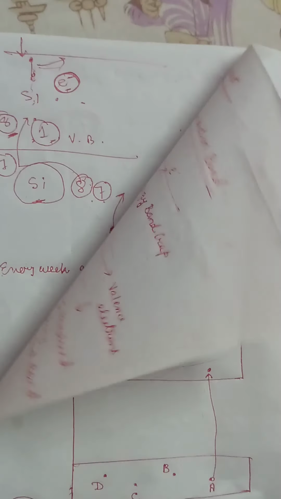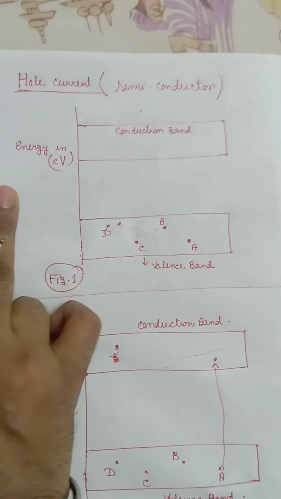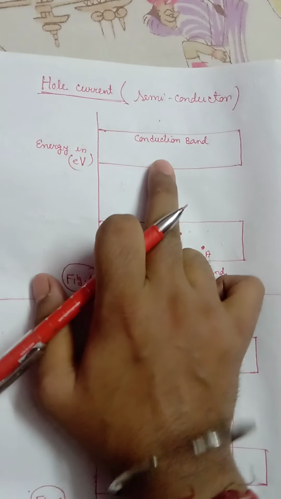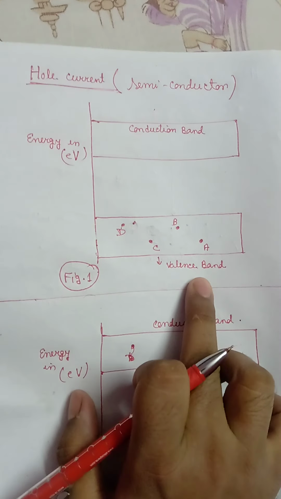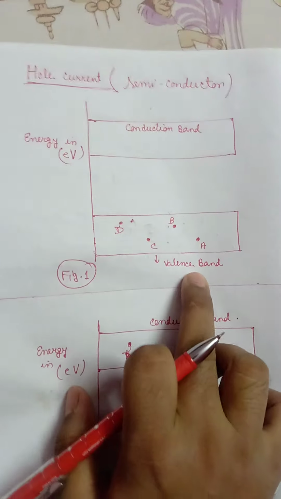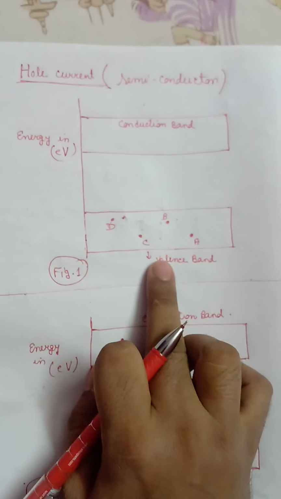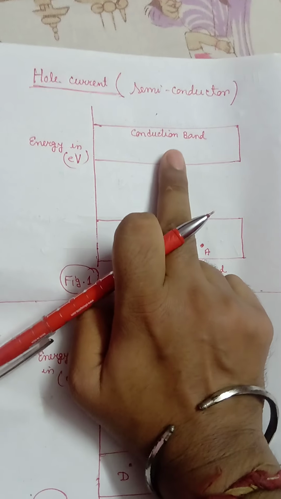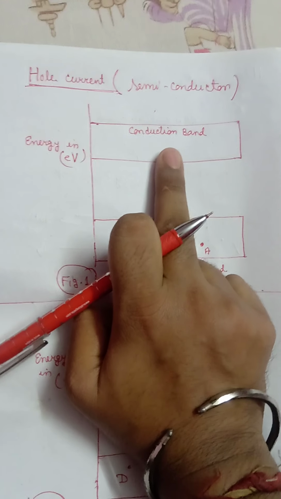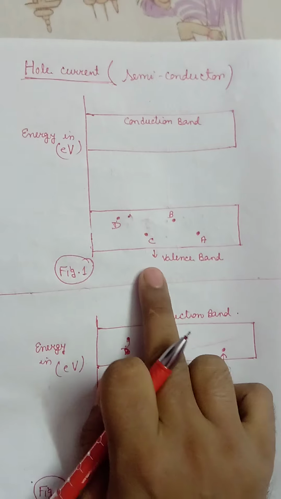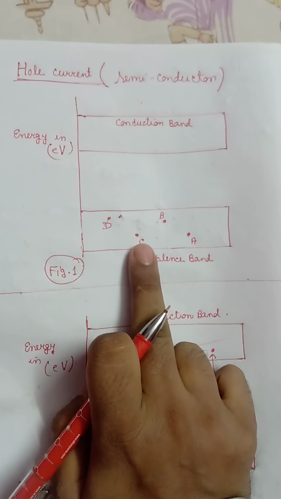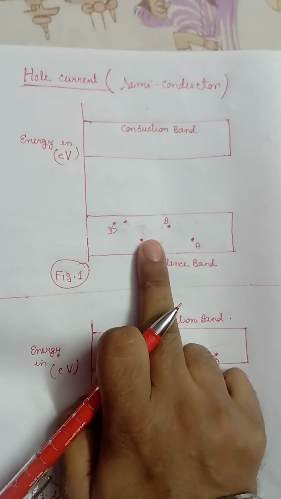So student, you know that in the case of the semiconductor, there exist two types of band. One is the conduction band and one is the valence band. In general, you will find that the conduction band is empty, that is, there are no free electrons present in the conduction band, and we have valence electrons.